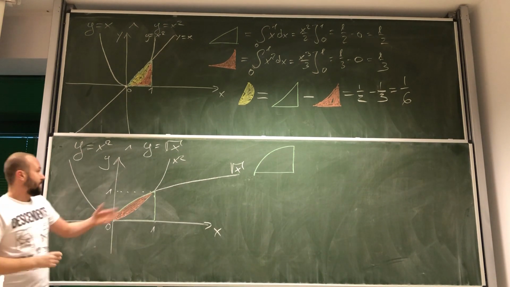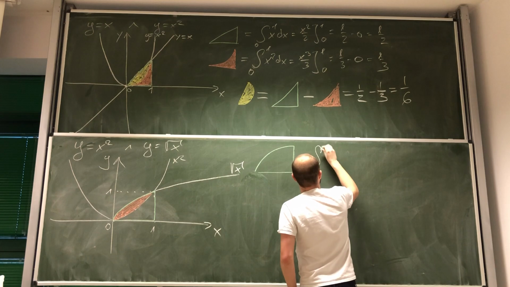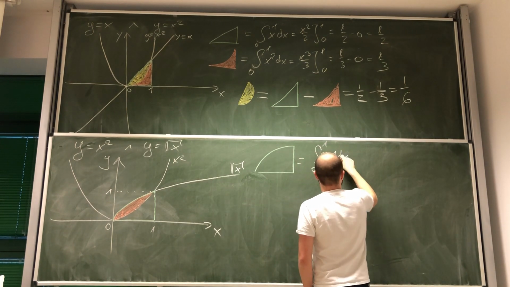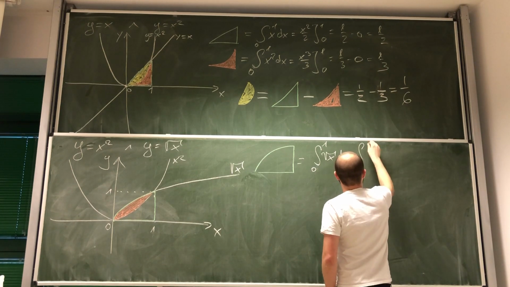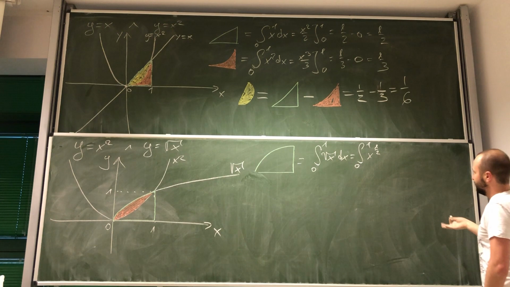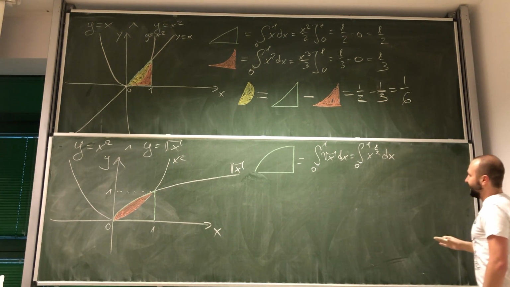So, how do we find it? Well, this is an integral from 0 to 1 of square root of x dx. So this is the integral from 0 to 1 of x to the power 1 over 2 dx.